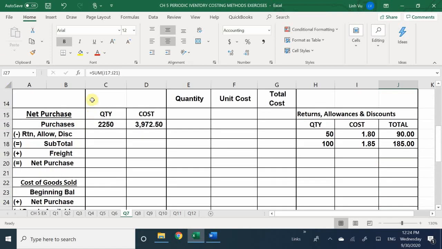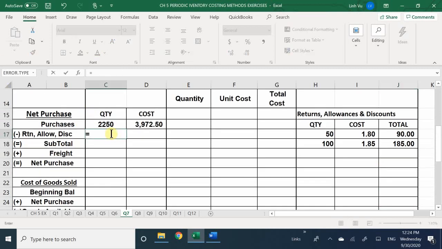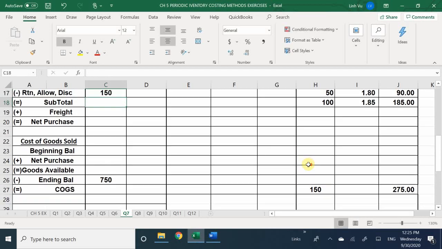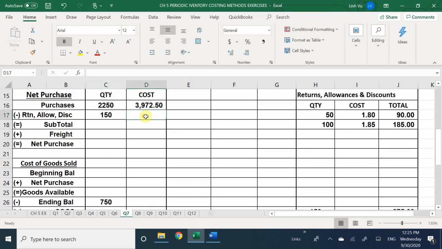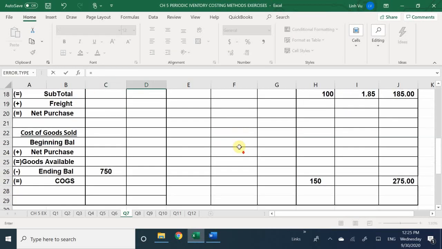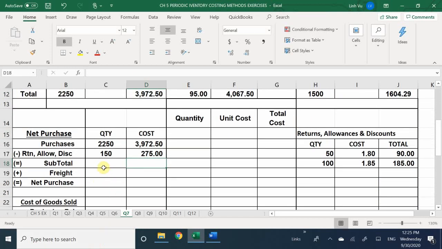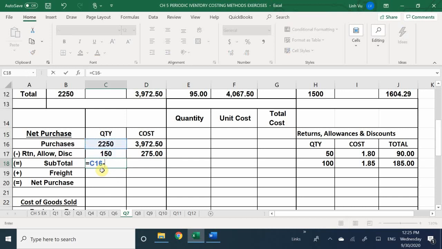And I'm going to apply it into here. So I returned a total of 150 items, and it cost me in grand total $275. Okay. And then I'm going to subtract that out to give me my new balance.